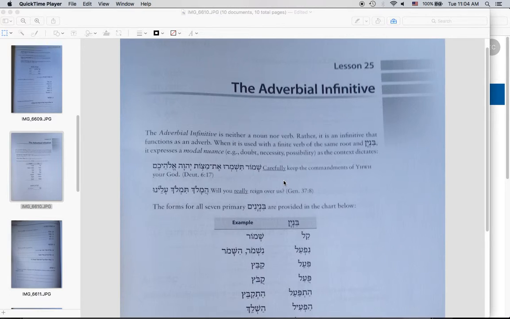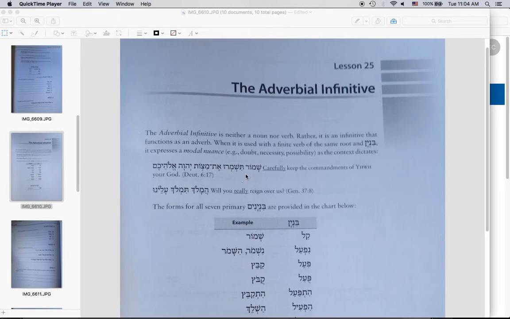It is adding some nuance to the verb that follows, or authors here say a modal nuance, which means almost nothing to us. It really adds some sort of emphasis or additional meaning, such as doubt, necessity, or possibility. In both of our examples, what we are seeing is some sort of emphasis or some sort of question being added to it.